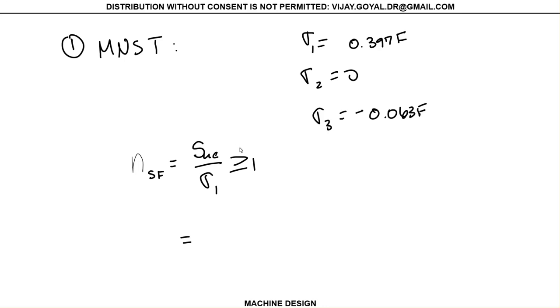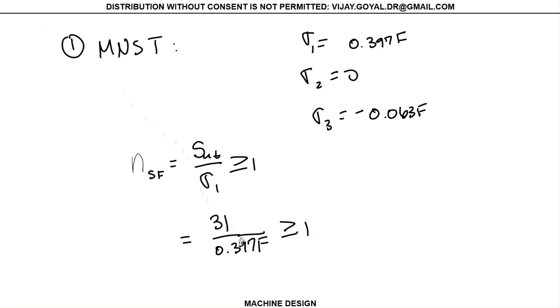No, the case that we use is in tension. So that particular case, I know sigma 1 is 0.397 F, bigger or equal than 1.